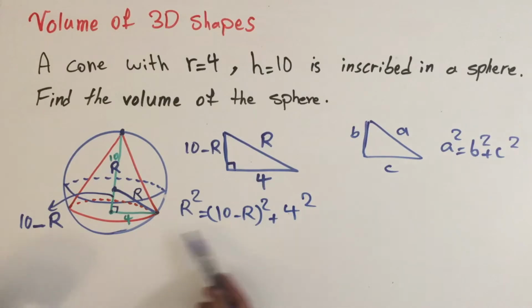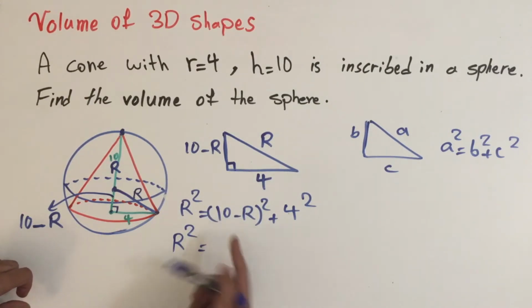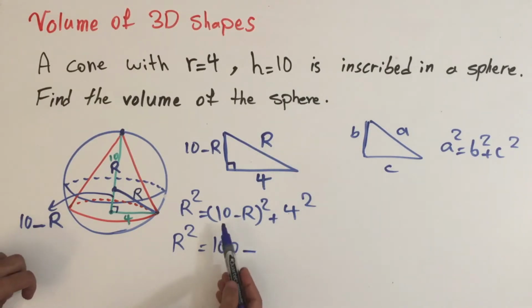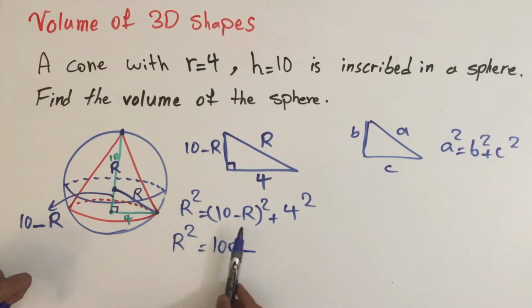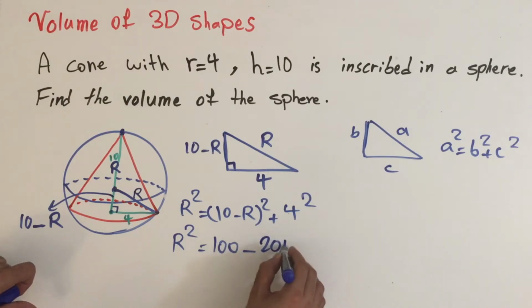Now you have to solve this equation for r, which is very easy. If I expand this bracket, it's going to be the first one squared, which is 100, minus 2 times the first one times the second one. So 2 times 10 is 20, times r is going to be 20r.